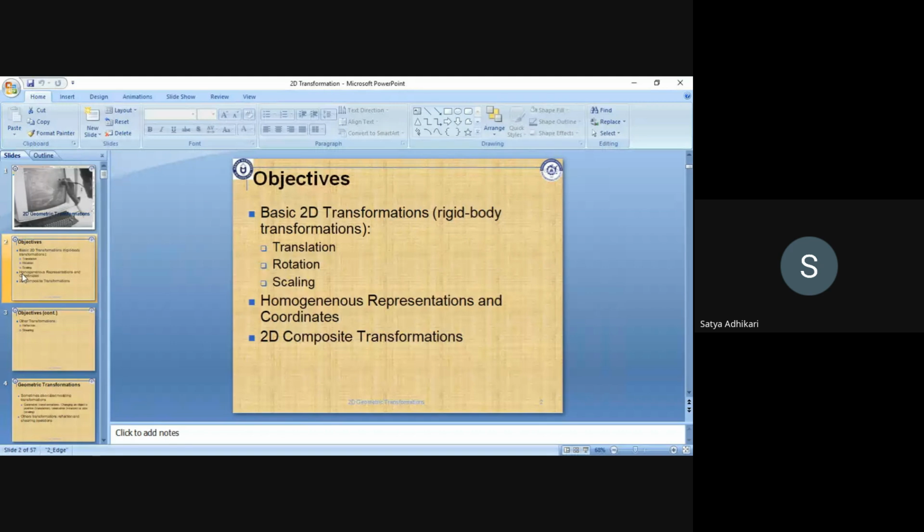That is, you may change its position, its size, its shape, or you may rotate an image, either clockwise or anti-clockwise, with respect to the origin or any other line, by some degree. Suppose you have to rotate 45 degrees, 60 degrees, 90 degrees, 180 degrees.